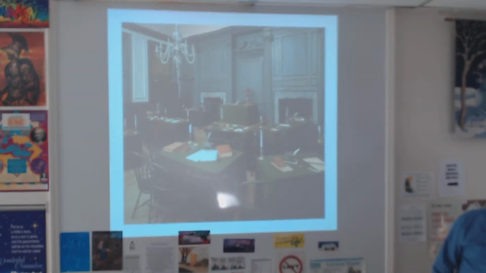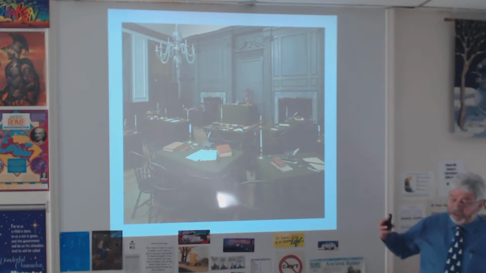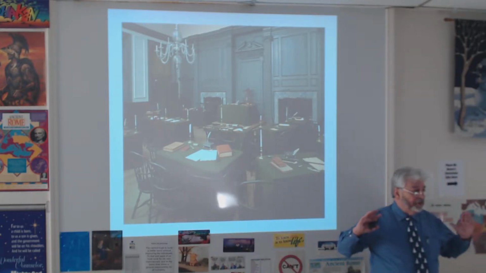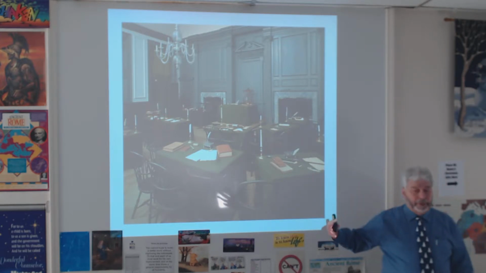Well, it was passed. Here is the room in which they were meeting in Philadelphia. And as a part of that passage, they realized that the resolution itself was not enough. They needed to draw up a document which explained exactly what they were doing.